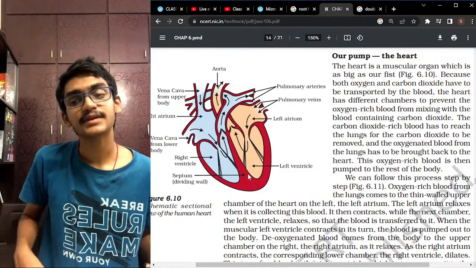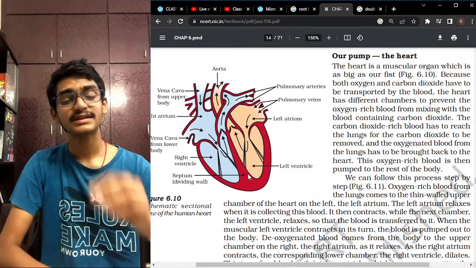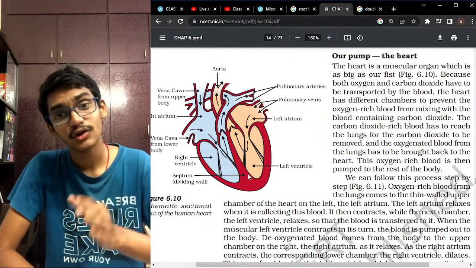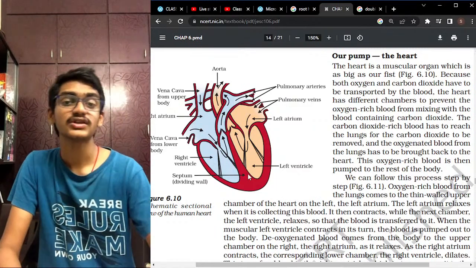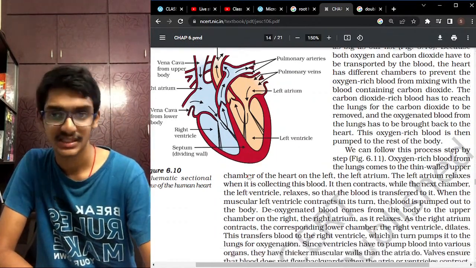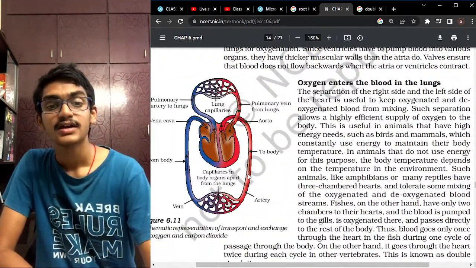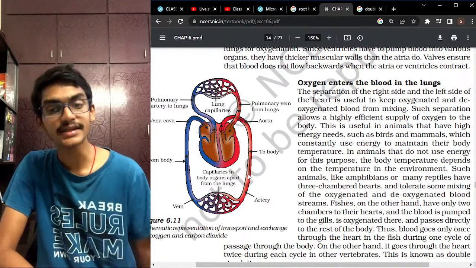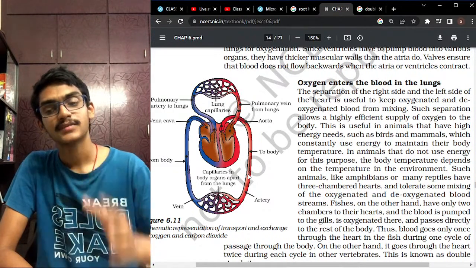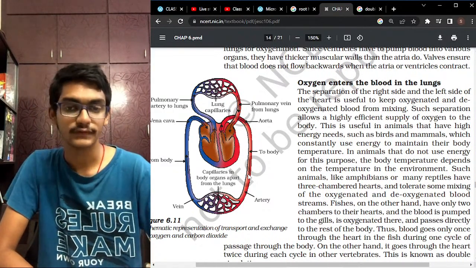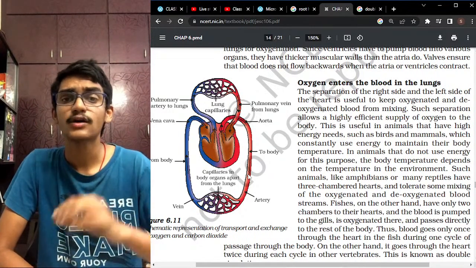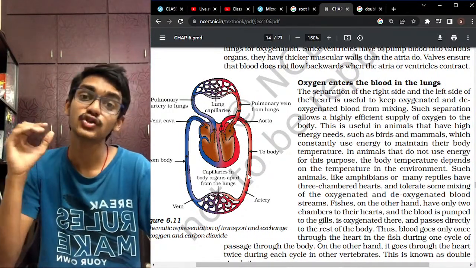Why is this septum very important? This septum plays a very important role because it ensures that the oxygenated and the deoxygenated blood are not mixed. Why should oxygenated and deoxygenated blood not be mixed in human beings?